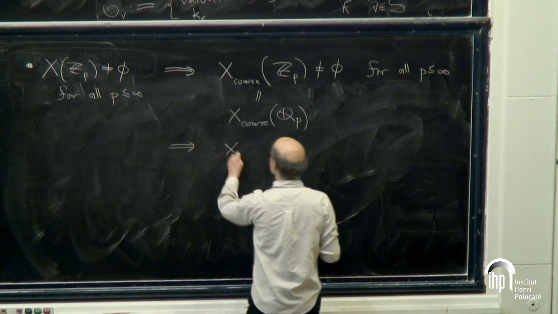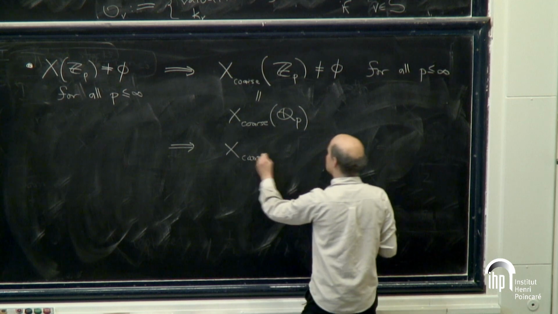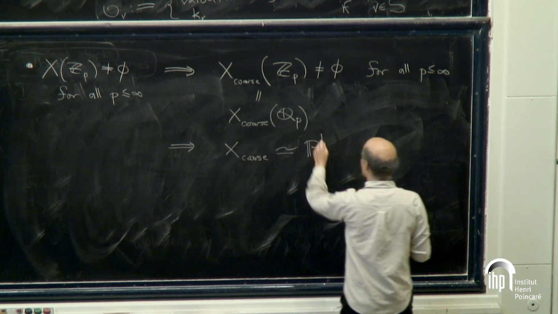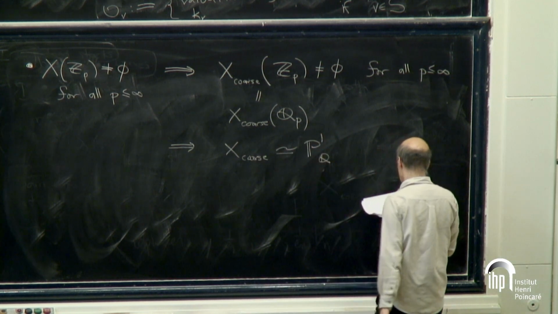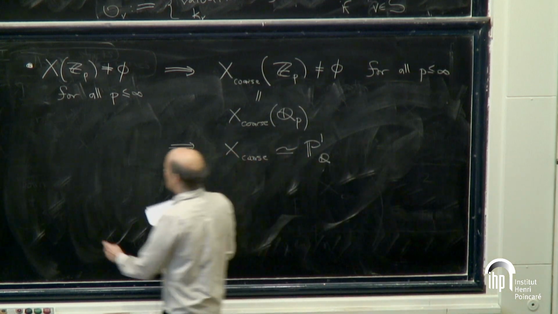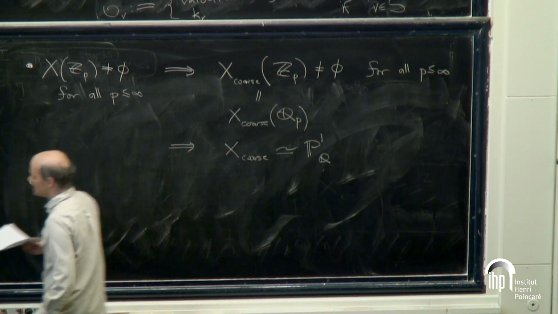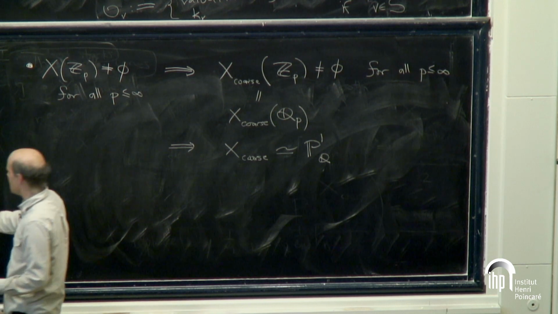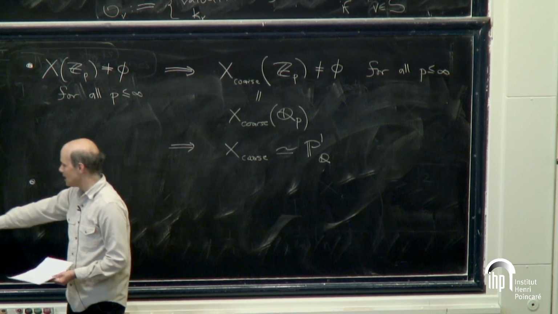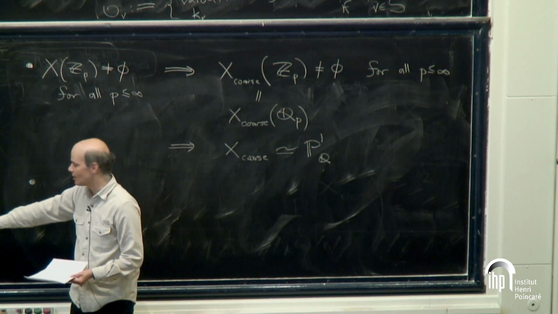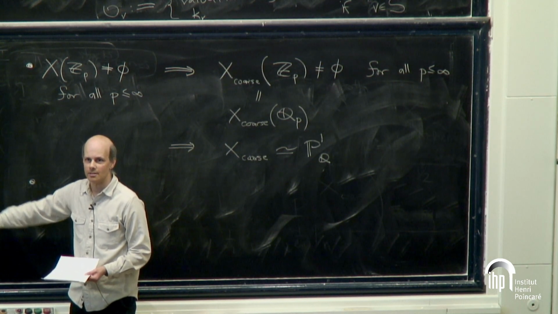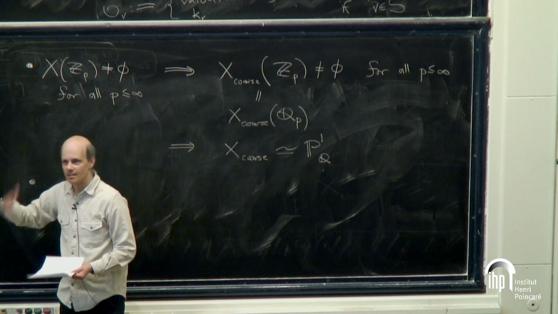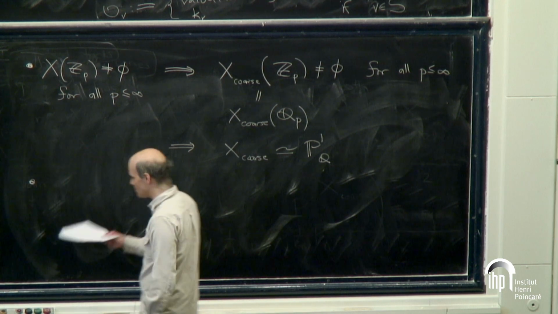So that tells you that this coarse space, this genus 0 curve, must actually be P1 over Q. And then this stacky curve is just P1 over Q with at most 1 stacky point. And if there is a stacky point at all, it must be a rational point, because the set of stacky points has to be preserved by Galois.